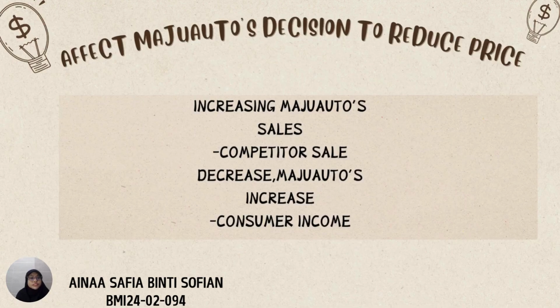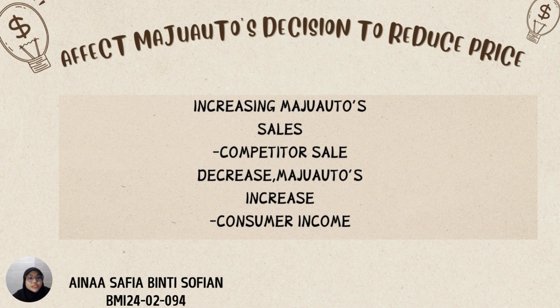Based on this question, what is the effect on Maju Auto's decision to reduce price? The effect is that they will increase their sales and also their demand because they are substitutes. The consumer will find the best value and the cheapest one. So if Maju Auto reduces their price, consumers will choose Maju Auto over their competitors.